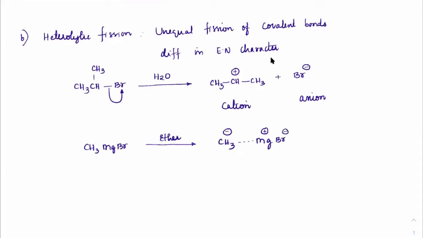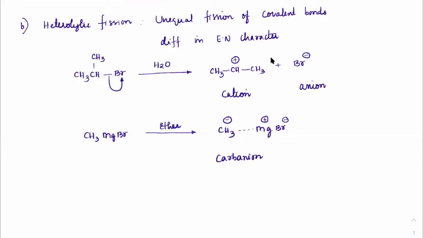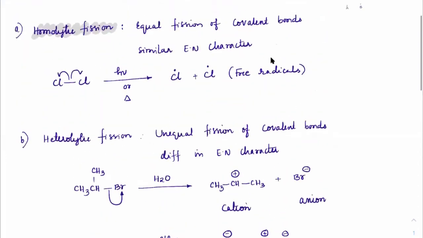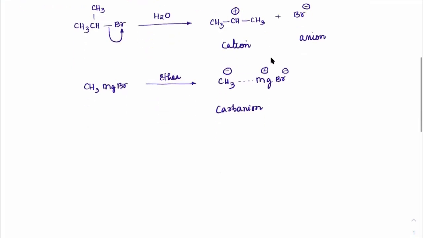This is almost fissioned here, almost fissioned as in almost broken up. Clear? So in this case, we will have carbanion character also. Carbanion formation. If this type of cleavage is observed, we say it is heterolytic fission. Everybody got the point? What is homolytic and heterolytic fission?